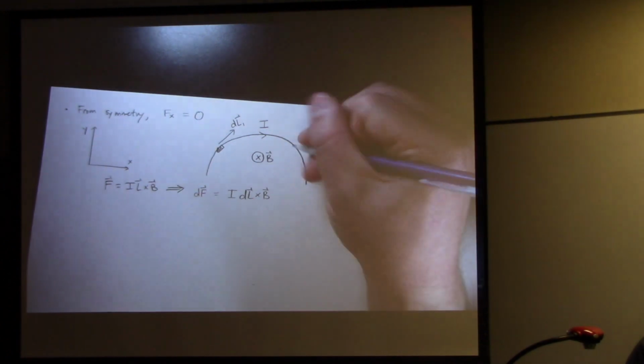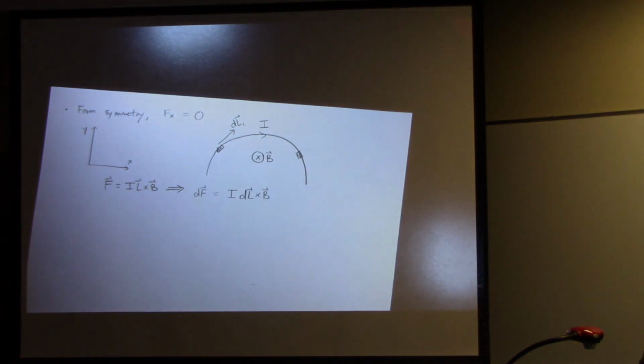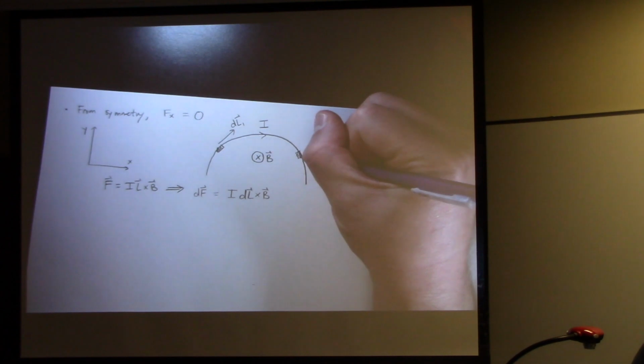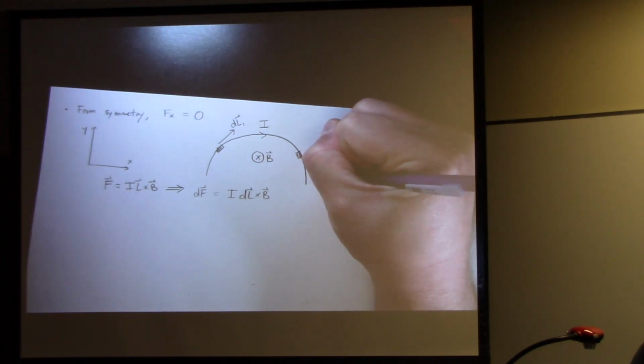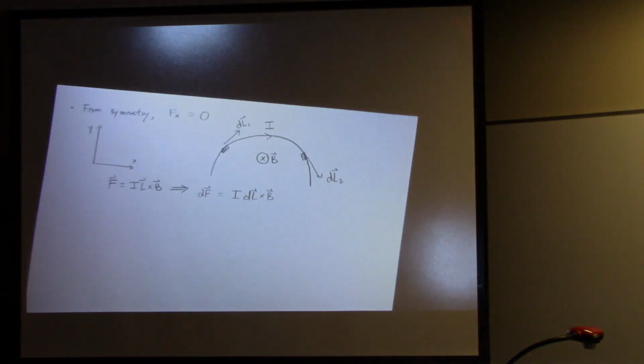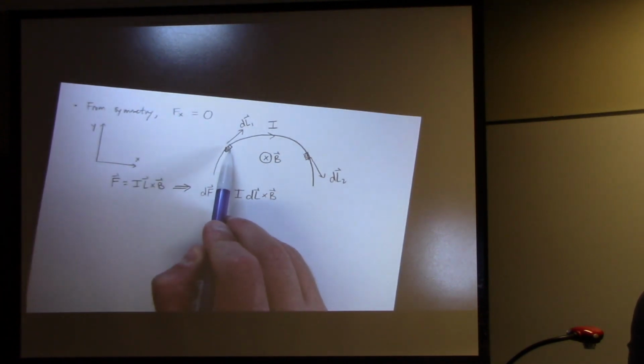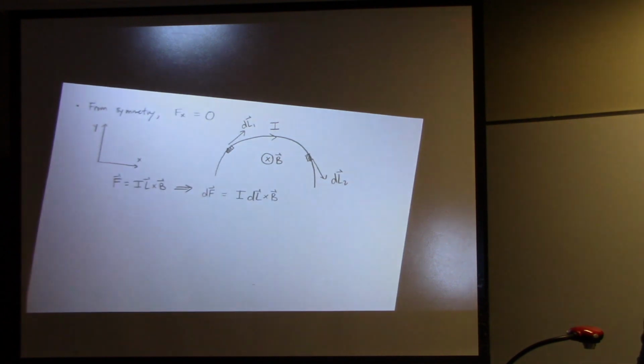Okay, now, on the exact opposite side of the wire here, I want us to think of another little piece of the overall wire, which I'll call dl2. And it's a vector pointing in this direction, just the direction the current is flowing in at that point. And what I want to get a sense of is, what is the force acting on this little segment, and what is the force acting on that little segment?